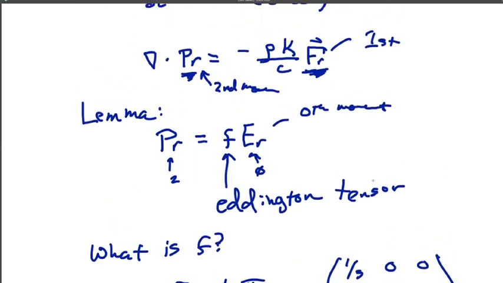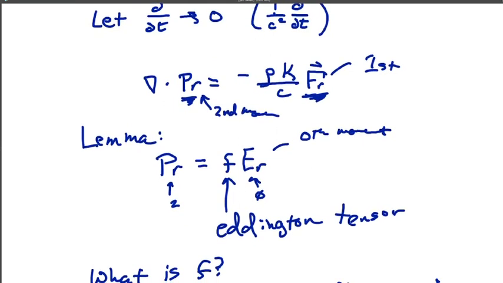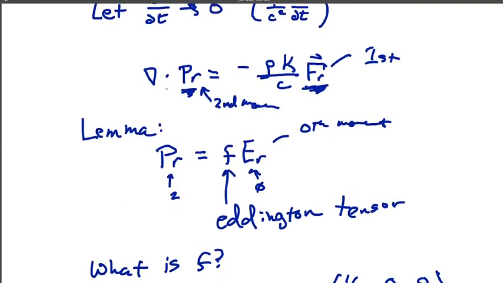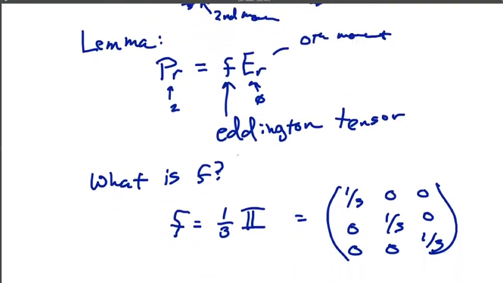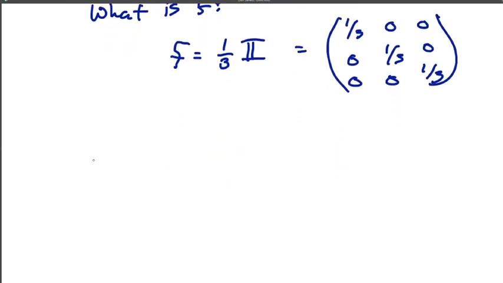So let's come back to our closure and our equations. If we adopt this closure and write our equations in terms of our radiative energy density, then what we have is minus rho times kappa, which is a function of rho and T, times the radiative flux divided by the speed of light c.